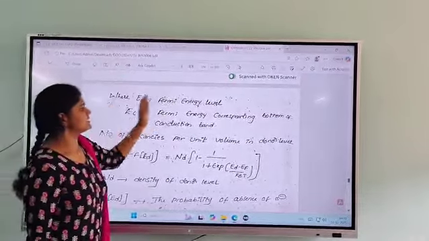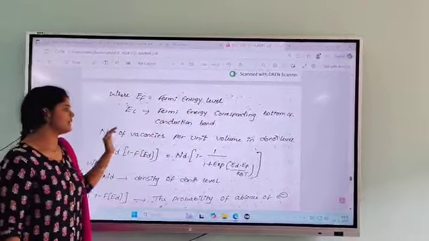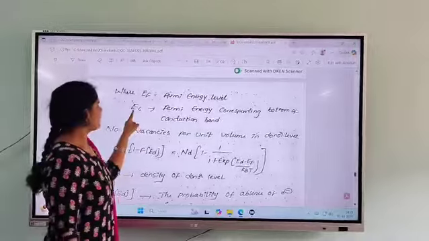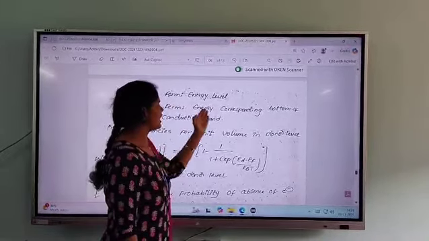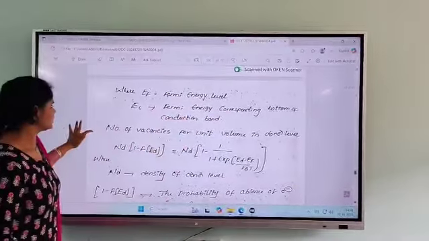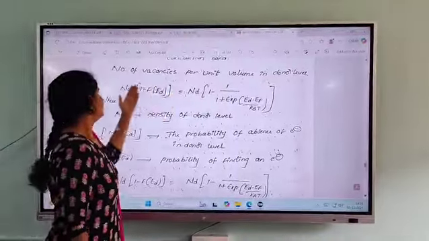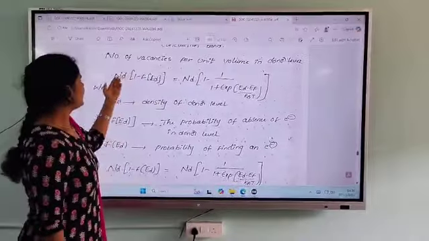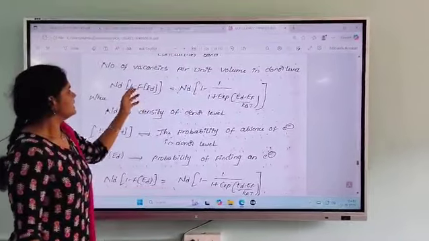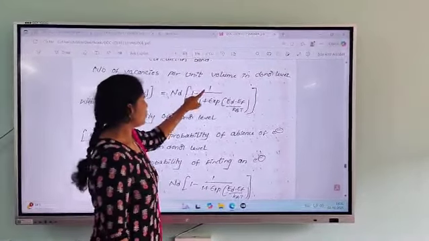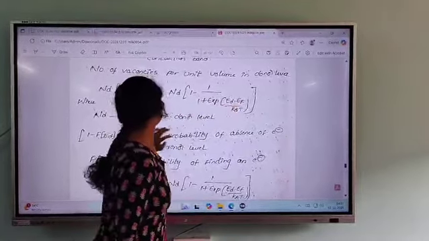The Fermi energy level means the level where the extra electrons stay. And this is called the energy of the conduction band. Now, the number of electrons per unit volume in the donor level is Nd into F(Ed), and the number of ionized donors is Nd into (1 minus F(Ed)). F(Ed) is 1 by 1 plus exponential (Ed minus Ef) by kBT.